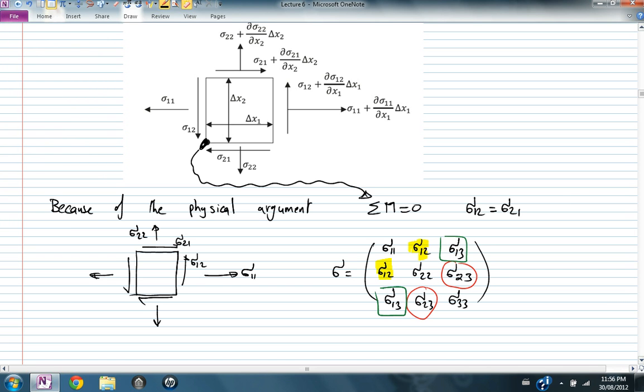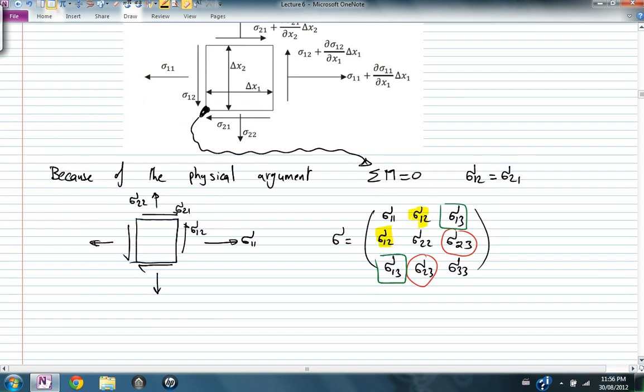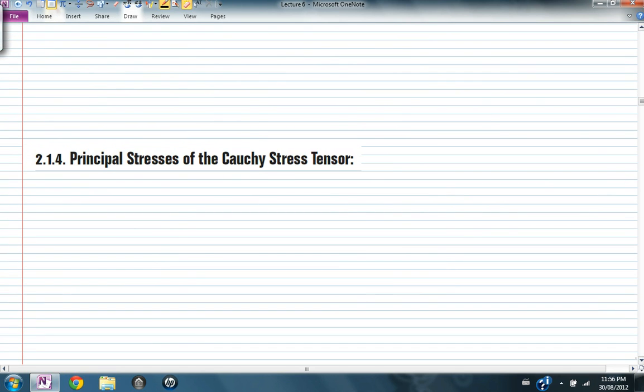So what does this lead to if I know that the stress matrix is a symmetric matrix?